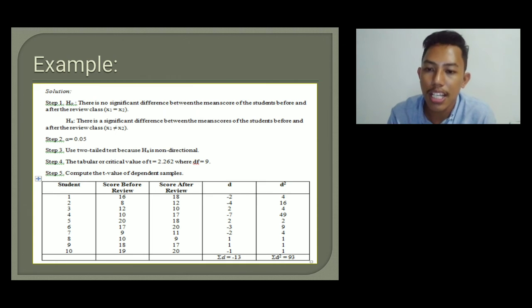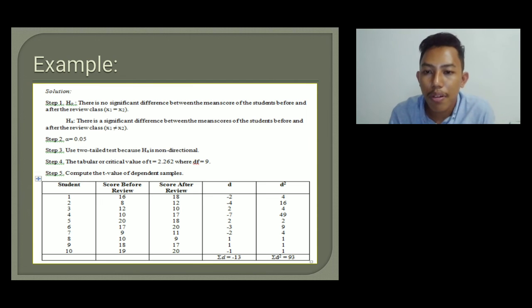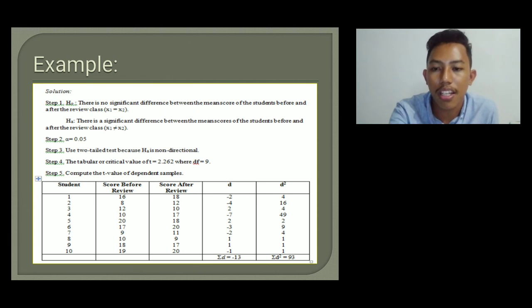Then that is our D. Then our D squared is the square of our D. So negative 2 squared is equal to 4, and negative 4 squared is equal to 16. So we simply need to add our D, and we simply need to add our D squared. So our sum of D is equal to negative 13, and our sum of D squared is equal to 93.